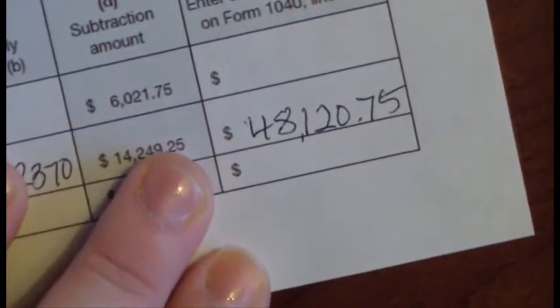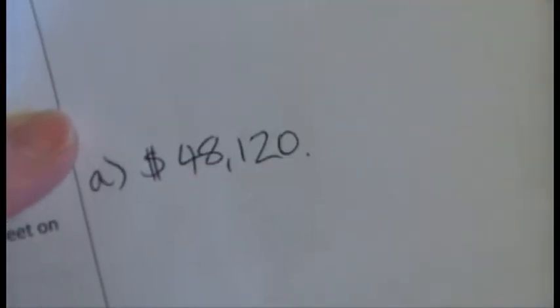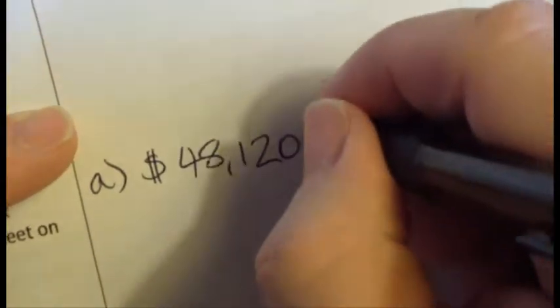So that is our tax for part A. So back here, example 6, part A, it was $48,120.75.